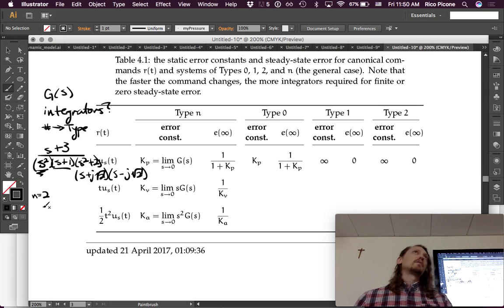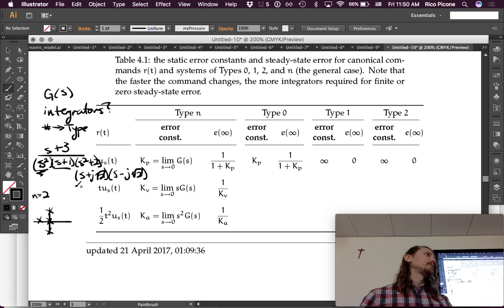You could also interpret this by looking for the poles, the roots of the denominator. Only the ones that show up at the origin, s equals 0, are the integrators. This one would contribute at minus 1, and this one would be imaginary.